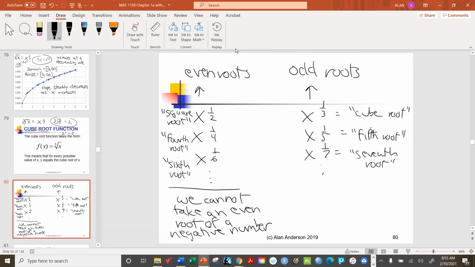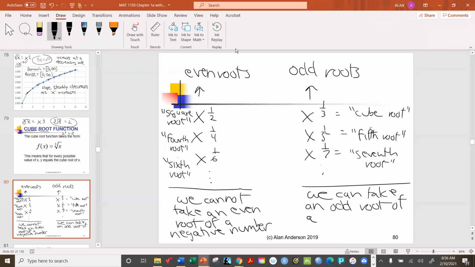Or if we do, we'll get an imaginary number. Let's put it that way. Okay. Over here, though, it's the opposite. We can take an odd root of a negative number.